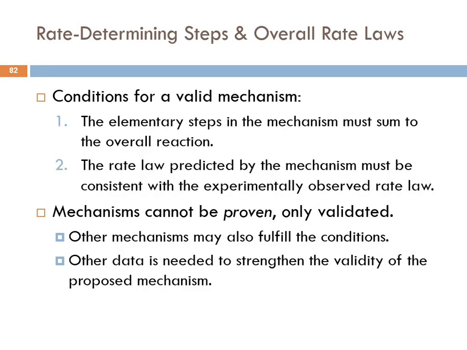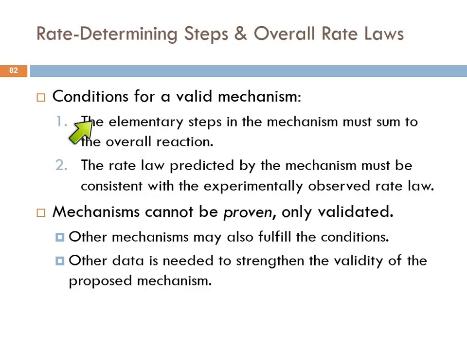So there are two conditions for a valid mechanism. The elementary steps have to add up to the overall reaction, and the rate law predicted by the mechanism has to be consistent with the experimentally observed rate law. So we can't prove mechanisms, we can only validate them.